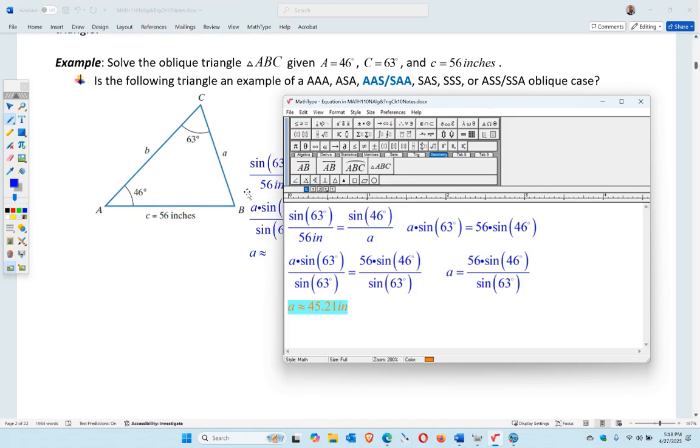Okay, so we also need b, but we have no information for b, which is fine. I can figure out the angle. We have 46 and we have 63 degrees.